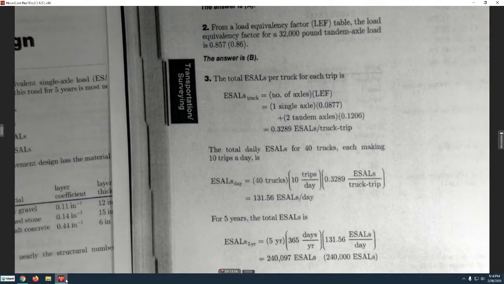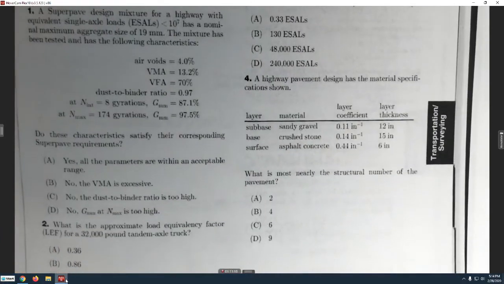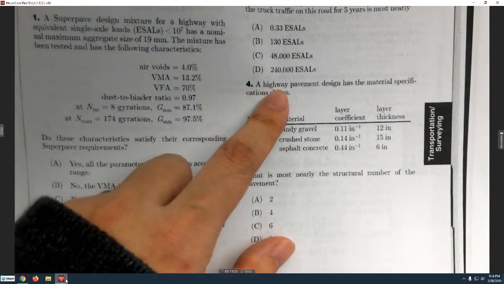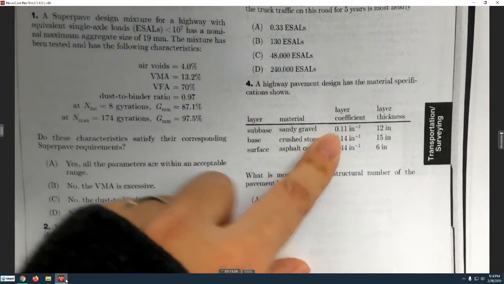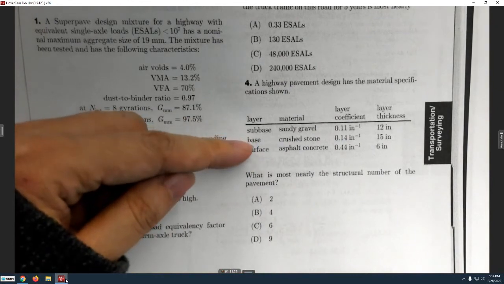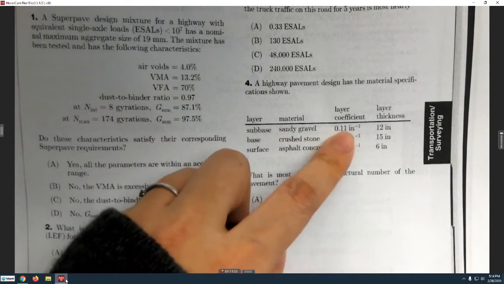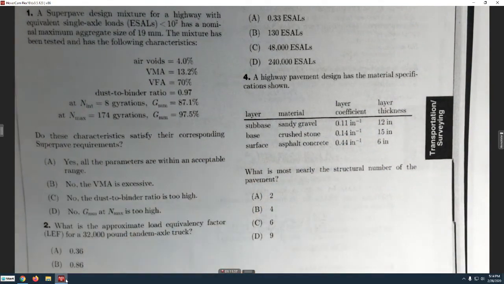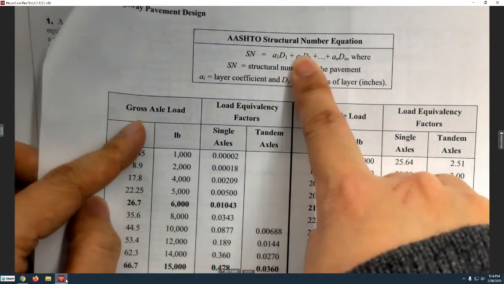The most commonly seen question, though, is question 5. I've seen this one most frequently in different types of practice problems. The highway pavement design has the material specification shown. The pavement has several layers: subbase, base, and surface. Each one gives you the material, the layer coefficient, and the layer thickness, asking for the structural number. For this, all you need to do is use this equation here.